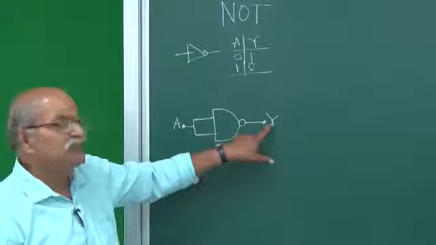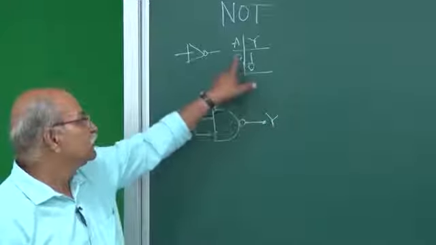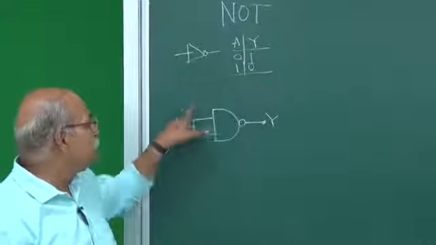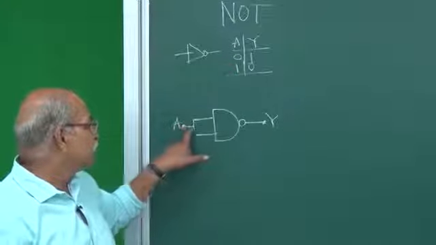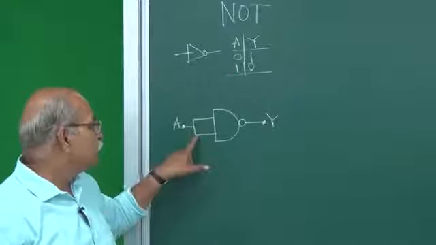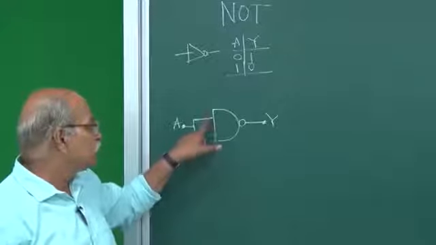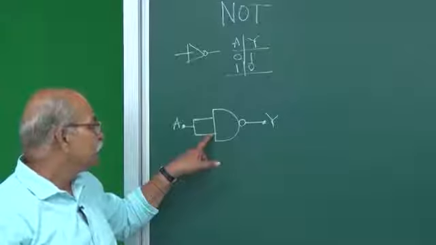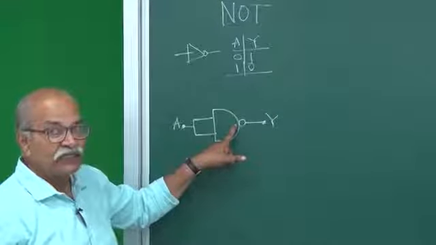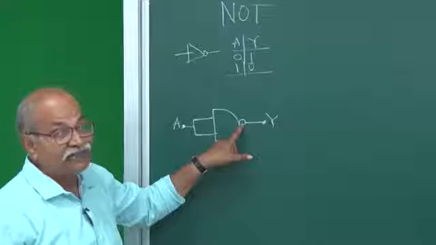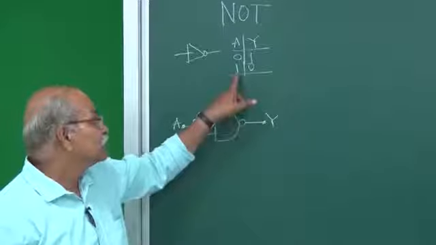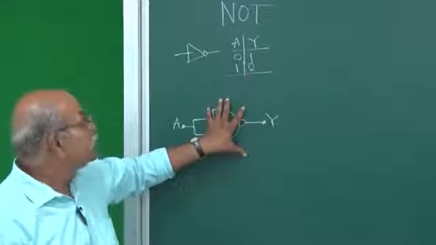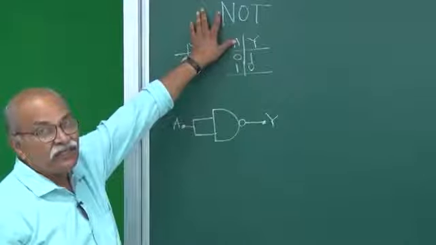So Y will become 1. So if this is 0, this is 1. And if A is 1, you are giving 1 here, you are giving 1 here. So both the inputs are 1 1. AND gate 1 1 will become 1. So here it is 1, and then NOT of that will become 0. So this 1 becomes 0. So only using the NAND gate I can get this NOT gate.